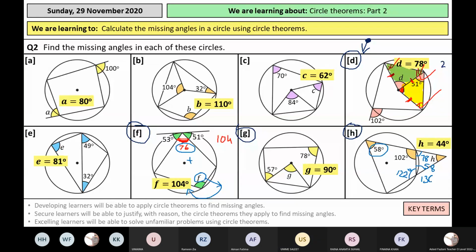Now you see, you need to approach this H by subtracting 136 from 180 to find out H. What is the answer, Salit? 44. So the answer is 44. You got it?